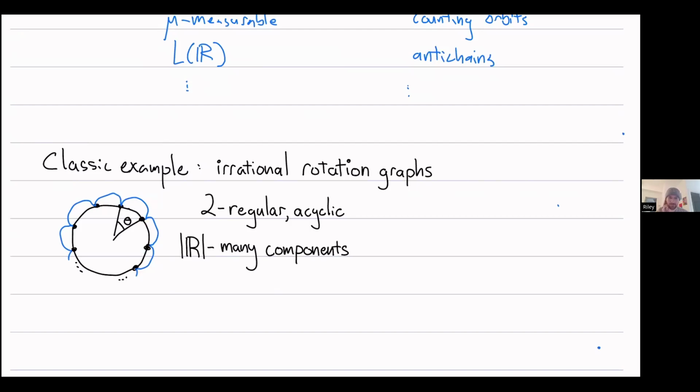So classically, this is a two-regular acyclic graph, because theta is irrational, you're never going to get back to where you started, so it's acyclic, and everything has two neighbors. And so classically, we can two-color it. We can pick a point in each component and then alternate colors from that point. And also classically, it has continuum many components.